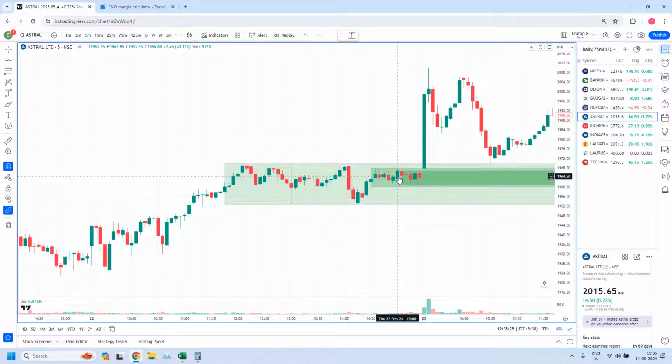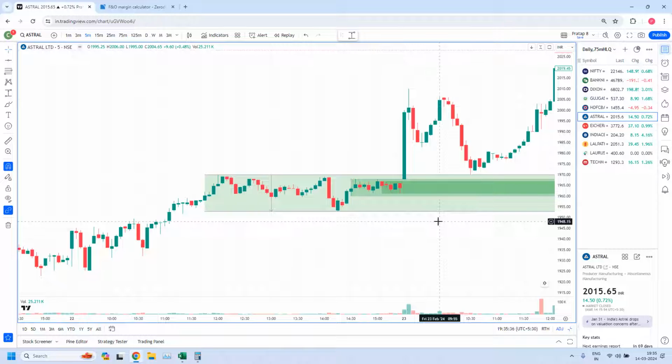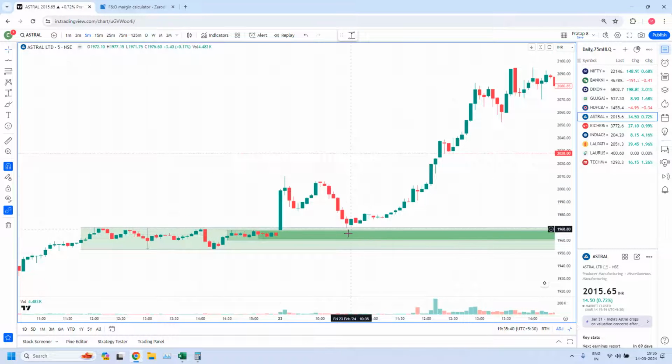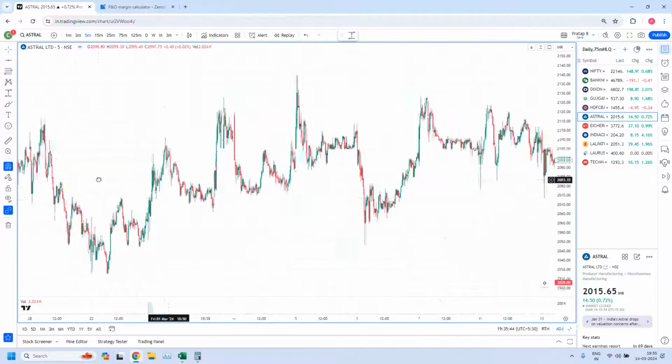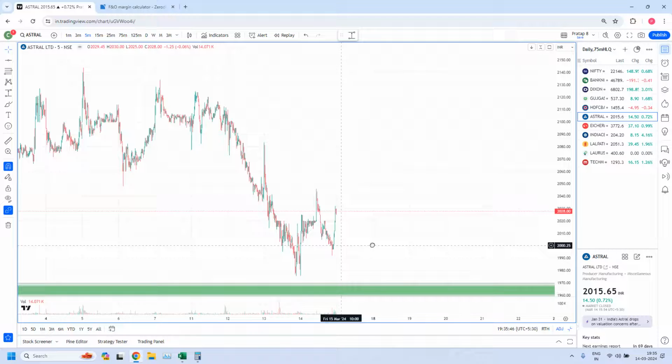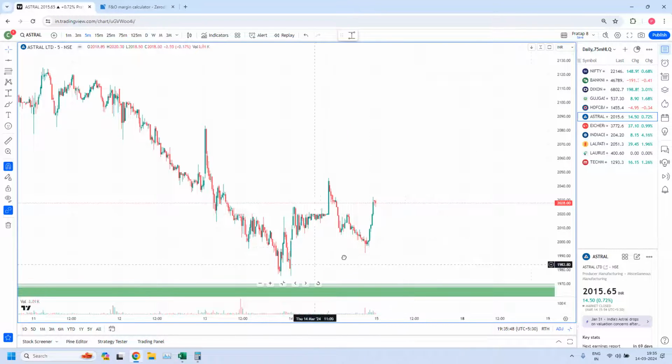Here I identified a leg-in candle, rally candle, 1, 2, 3, 4, 5 base candles, and a leg-out candle. This is the way I have drawn the zone, giving priority to this rejection before the zone. Yesterday and today they narrowly missed.